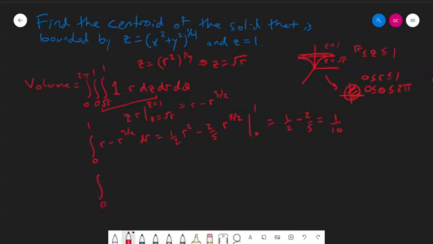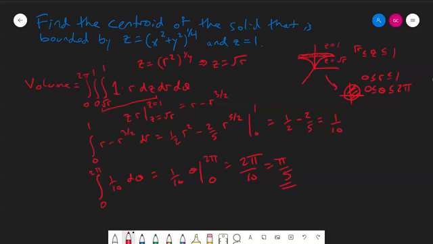And finally, from 0 to 2 pi, we're going to integrate 1/10 d theta, which is just 1/10 of theta. And so you end up getting just pi over 5 for the volume.